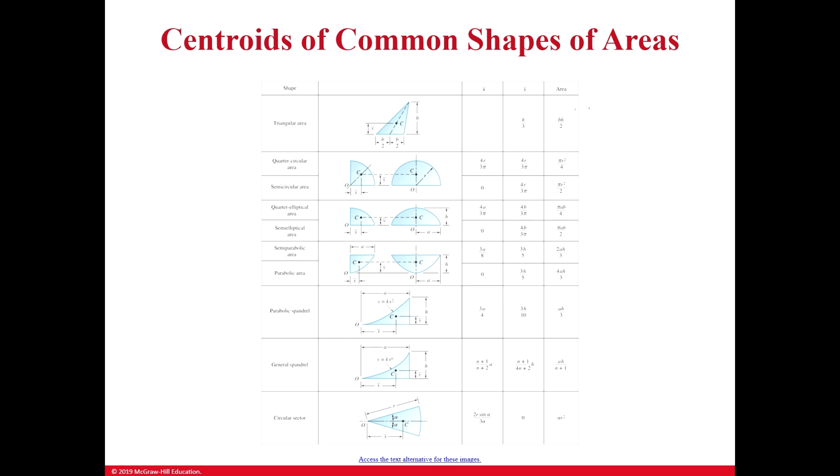The area of the triangle is base times height divided by 2, and the y coordinate of the centroid is located at 1/3 of the height. I don't know if this is too small, so let me type it out.